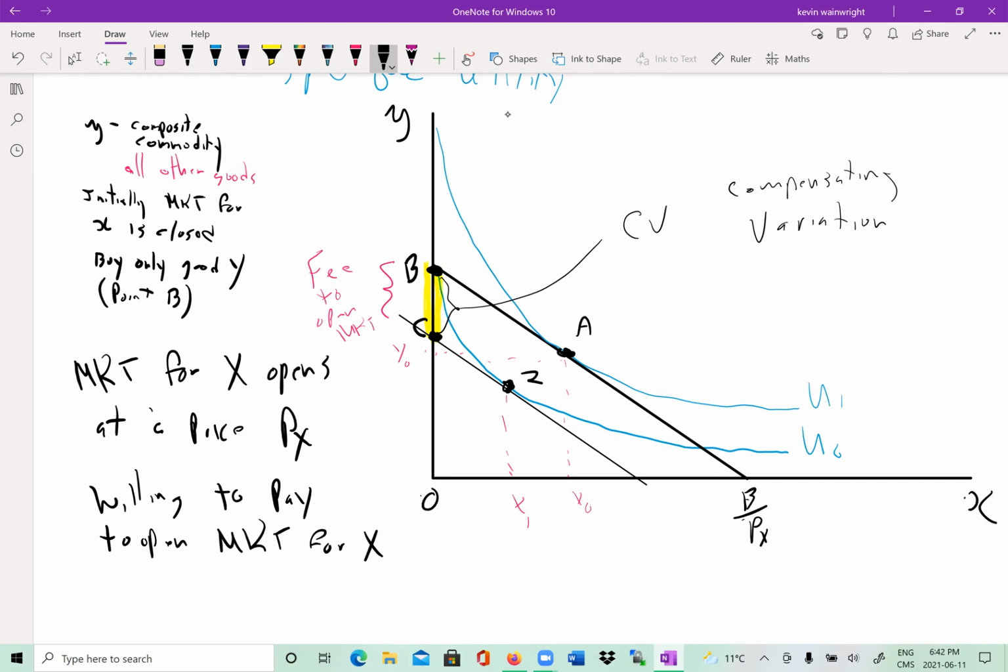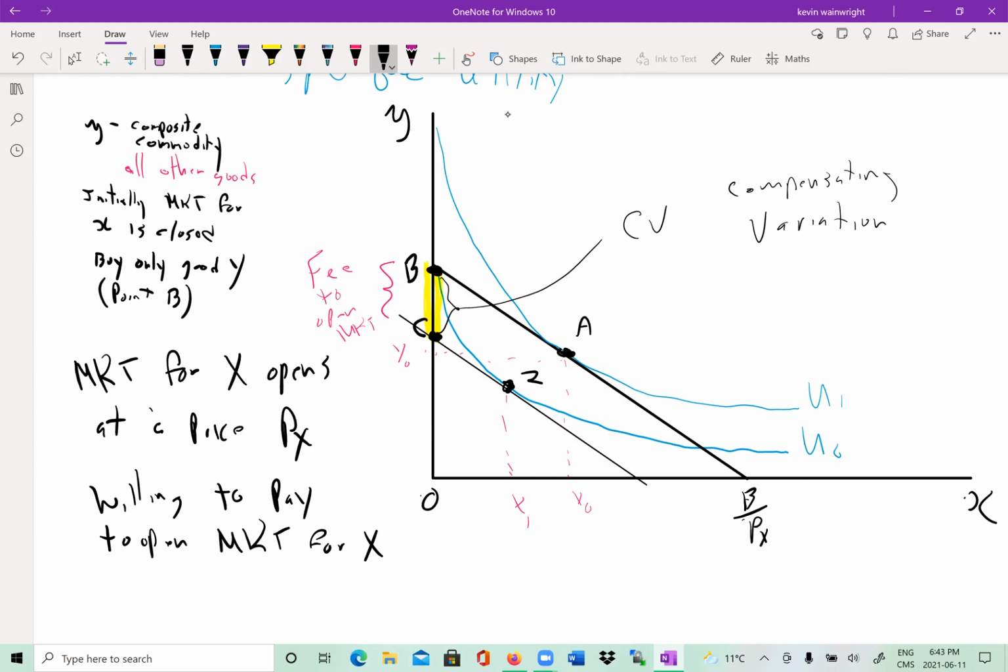Okay. So if I'm at B, the market for X is closed. The economic change is the opening of the market. So if the economic change occurs, I go to point A. My utility goes from U0 to U1, and I'm on a higher budget line.